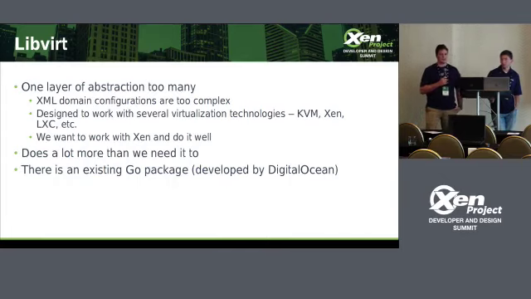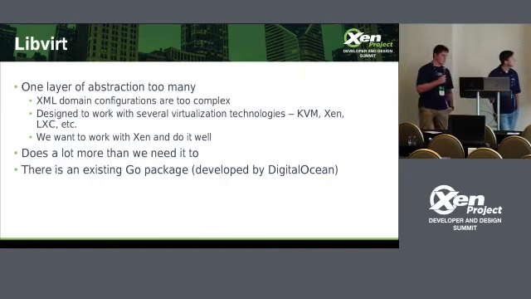libvirt also provides a lot more functionality than we need for our purposes. We really just want to work well with Zen. And by virtue of the fact that it is designed for many virtualization technologies, there's things in there that we just don't need. There is, however, some Go support already for libvirt.